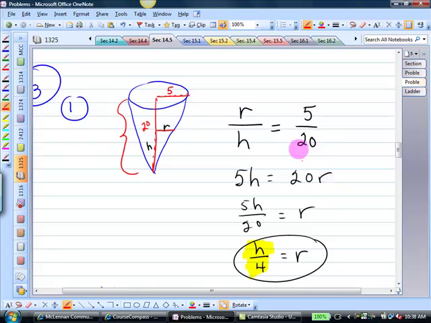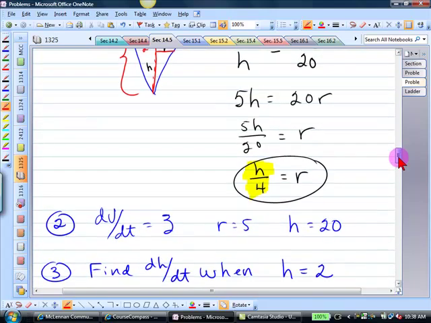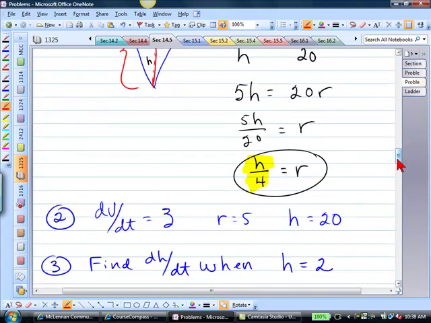So what happened here? I just did cross multiplication. 20r equals 5h. Then I divided by 20, and so I have r is h over 4. That's a really common technique to get a radius or a height in terms of the other variables. Okay? All right. Let's see what we have. What did it say?